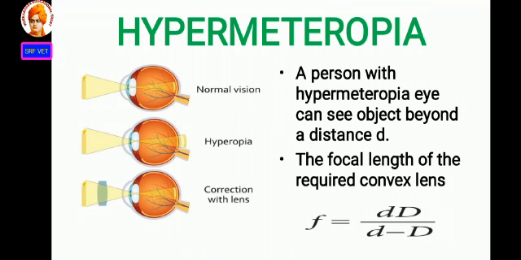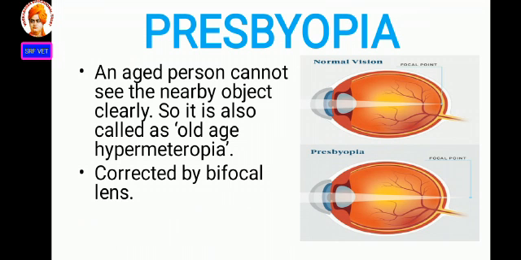Okay, so look at the picture. The first one is normal vision. The image is formed on the retina. The second one, the hypermetropia-defective eye, has the image formed behind the retina. The third one is corrected using a convex lens. Okay, clear? The next one, presbyopia.